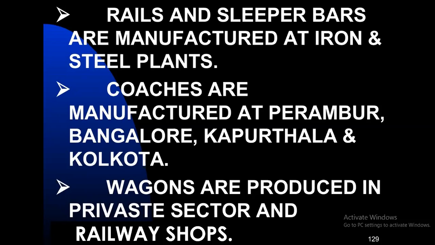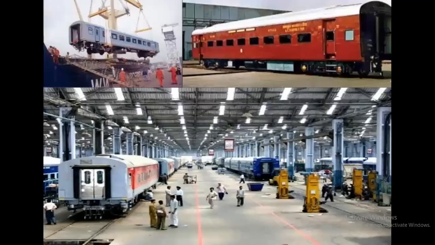Coaches are manufactured at Perambur, Bangalore, Kapurthala, and Kolkata. These are the places where the coaches of the train are manufactured. That means each and every part of the train comes from different manufacturing industries. Wagons are produced in the private sector and railway shops.